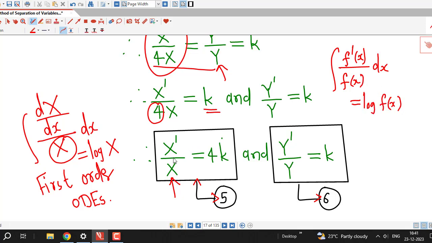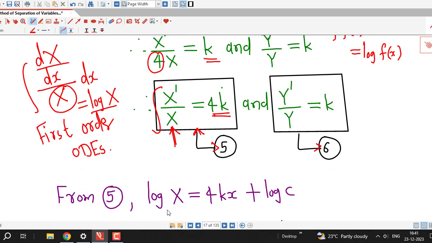So if we integrate equation number 5 on both sides with respect to small x, the integral of this side is log X, and here 4k is a constant. The integral of 1 with respect to x is x, so log X equal to 4k times x, plus a constant of integration, written as log of c, so that we can combine these two.